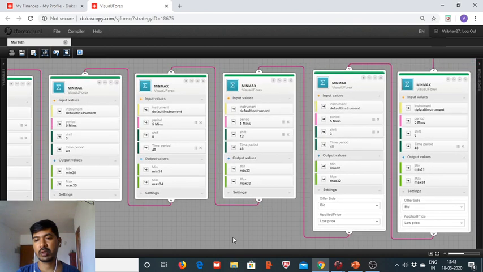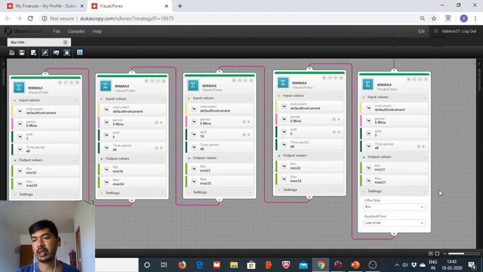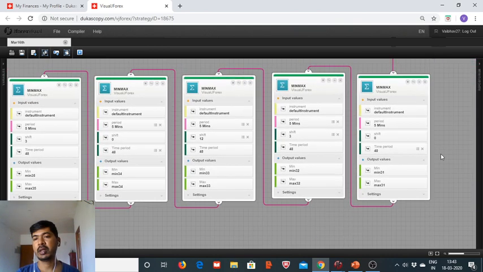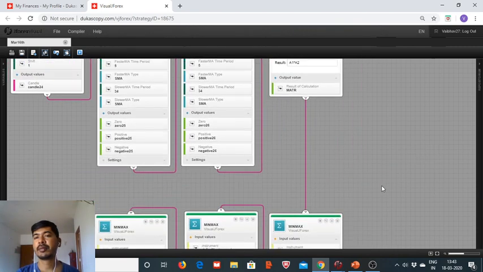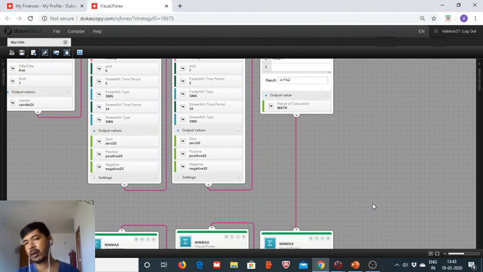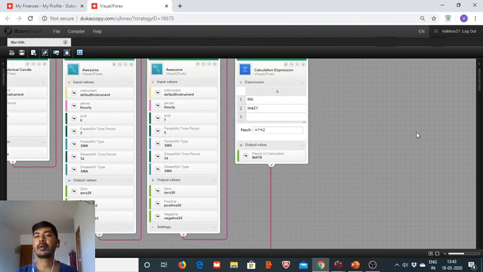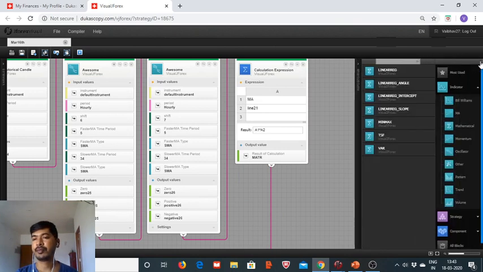Now we need to do some calculations for defining the ATR range. And let us look for the calculation block now.